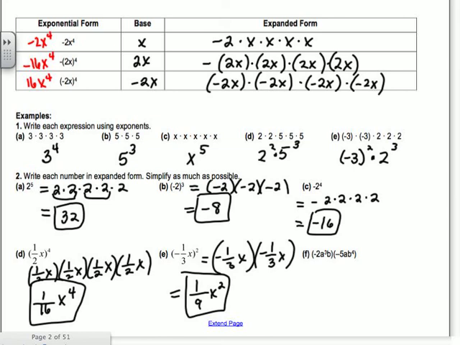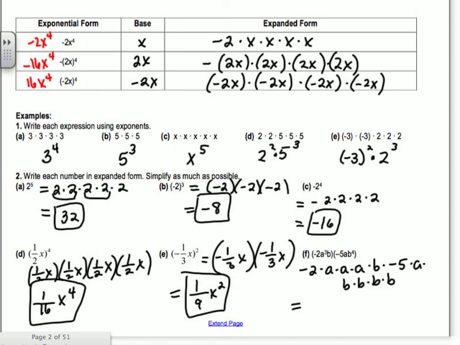Okay, and the next one, I'm going to have negative 2 times a times a times a times b times negative 5 times a times b times b times b times b. So that's the expanded form. So what's the number out front? You guys are sleepy today.